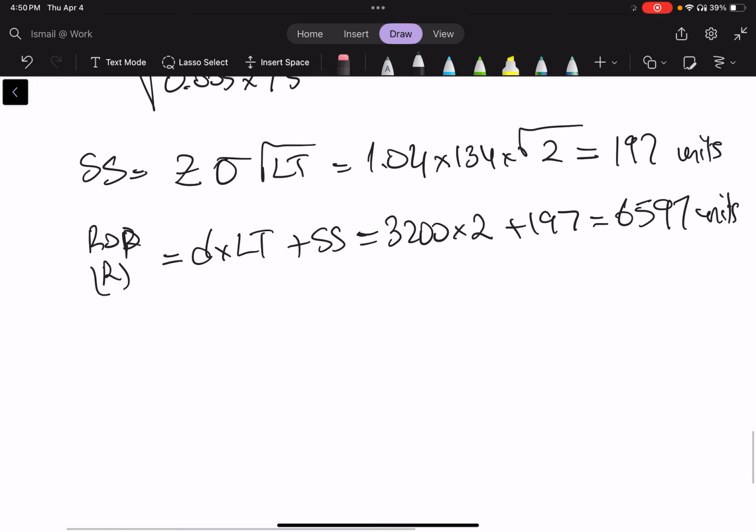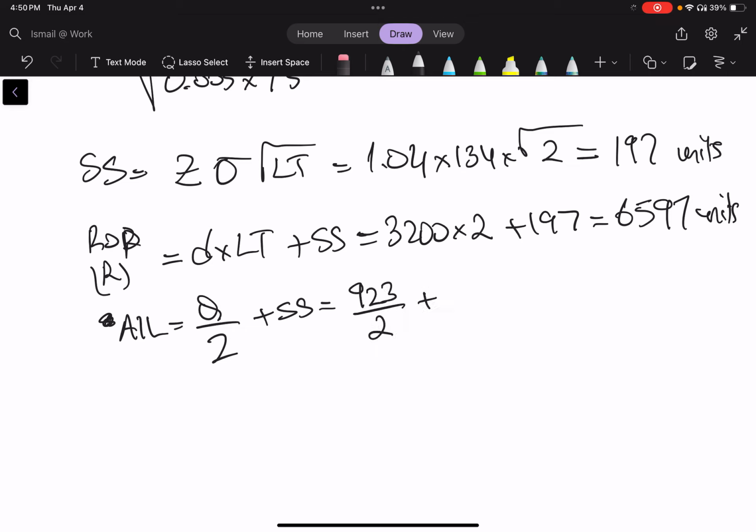And finally, I'll do the AIL, right? Q over 2 plus SS, 923 divided by 2 plus 197. And if I can do the math, that is 658.5 units, right?